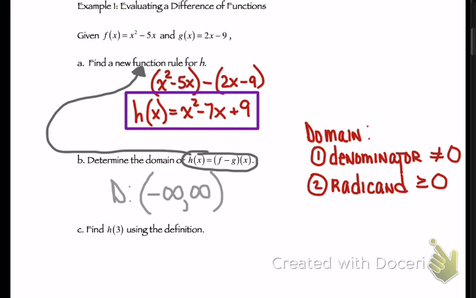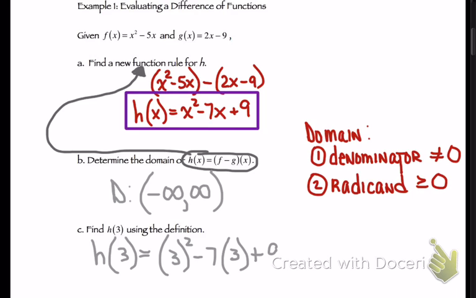So letter C, I ask you, well, find h at 3. Think, I know 3 is an x value. So when I try to find h at 3, I think what I'm going to do is plug in a 3 wherever I see x.